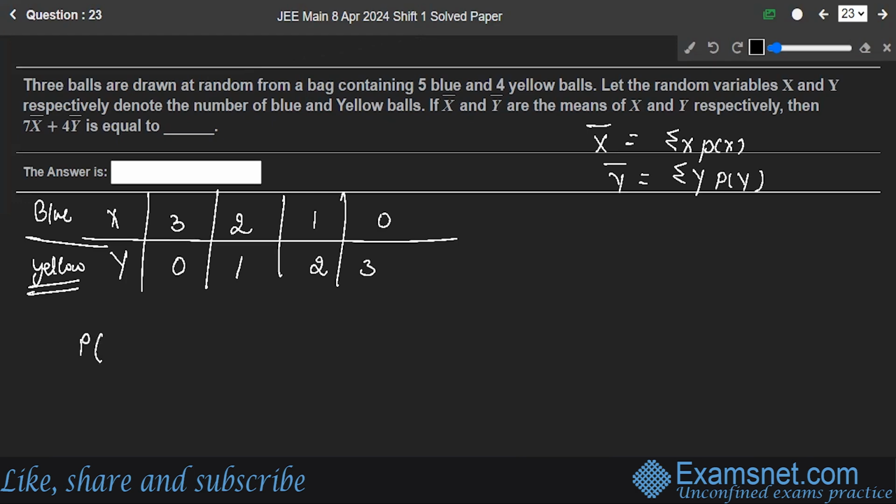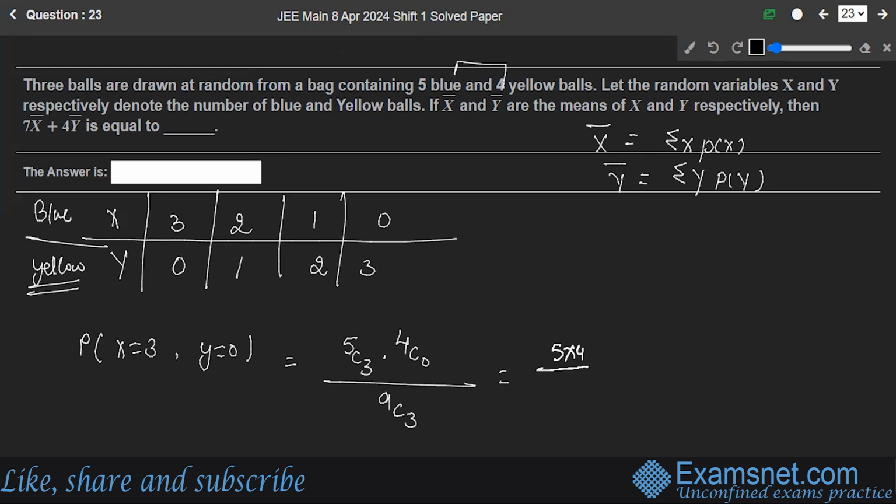Now, the probability that all the 3 are blue balls and no yellow ball is equal to 5C3 × 4C0 divided by, out of 9, because 5 and 4 make 9, so 9C3. This gives you 5C3, which is equivalent to 5C2, that is 5 × 4 upon 2 × 1.